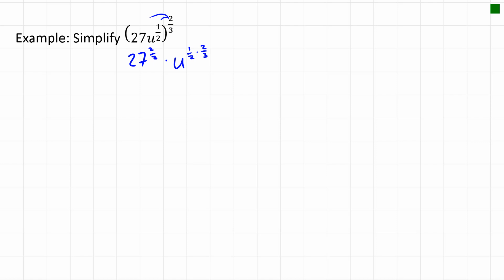Well, let's rewrite it as the cubed root of 27, all squared, times u to the power of, well, simplifying this fraction, u to the power of 1/3. And so the cubed root of 27 is 3. Then I still have squared. So that would be 9 times u to the 1/3.